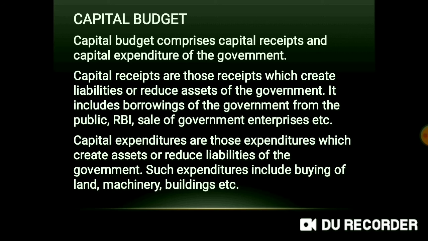So all those incomes or the revenue of the government which increase the liabilities or the loans of the government, or which reduce the property of the government, are what is known as capital receipts. It may be in the form of borrowing by the government from the public, RBI, and the sale of government enterprises. Whenever the government sells government firms or enterprises, it gets income. That income is what is known as capital receipts.